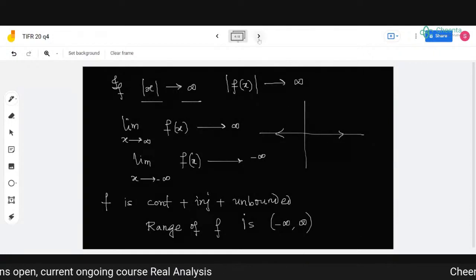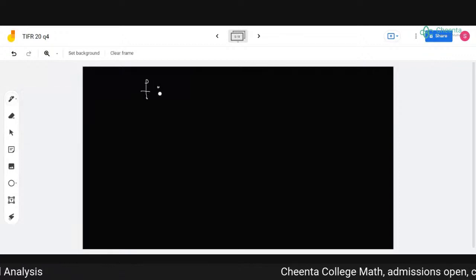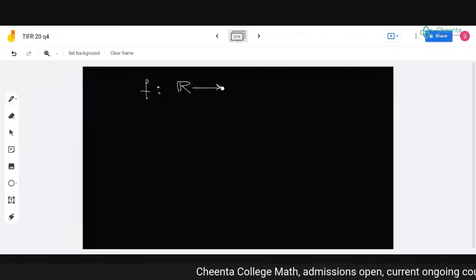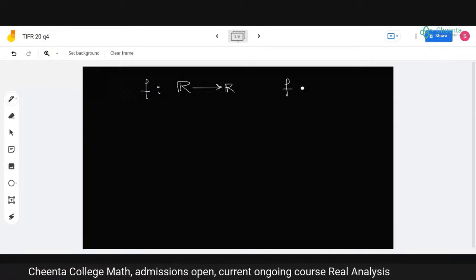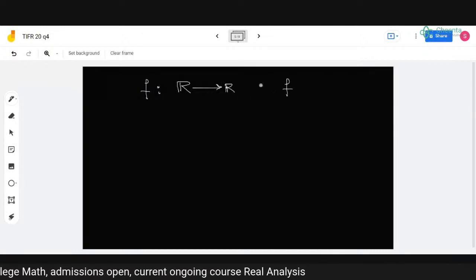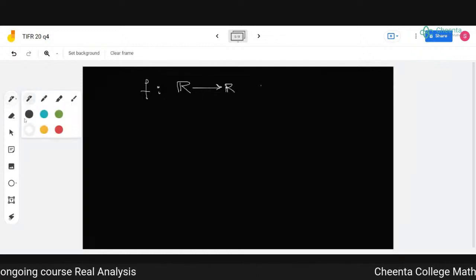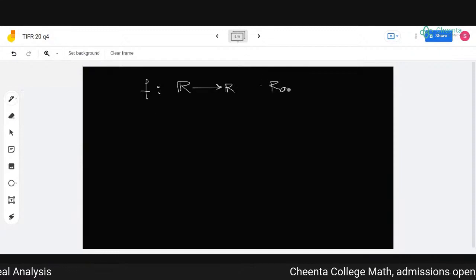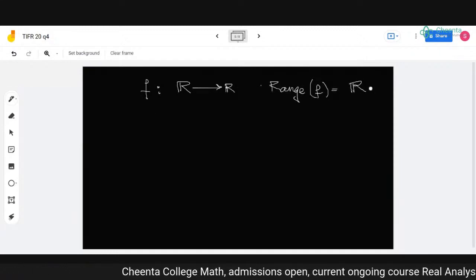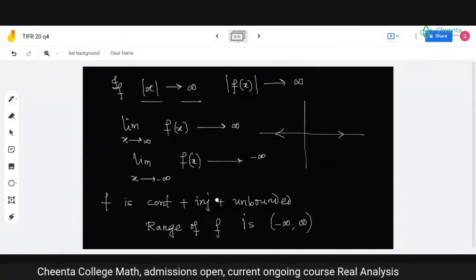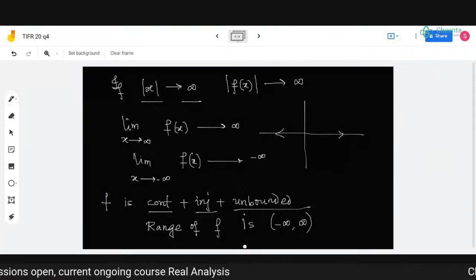Because if I want to prove some function from R to R is surjective, I want to show that the range of f is R. That is precisely what we have shown, because it is continuous, injective, and unbounded.